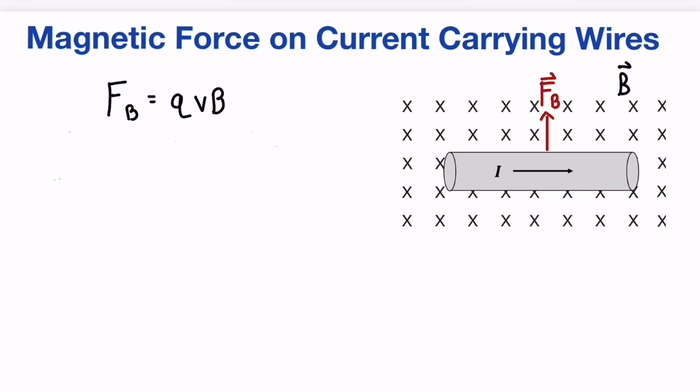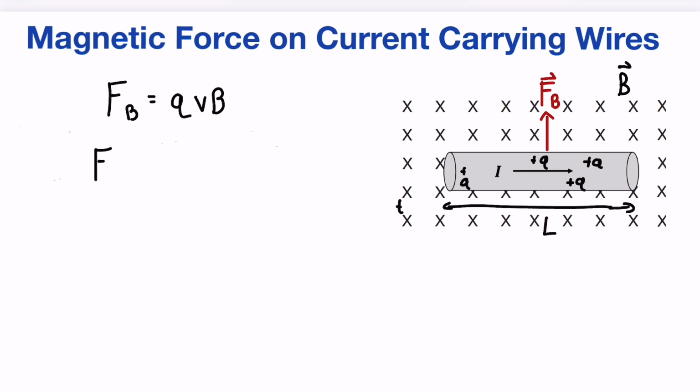Now I'm going to take a given time t, and say that the charges, since a current-carrying wire is full of moving charges, travel the length of this wire, L, in a time t.